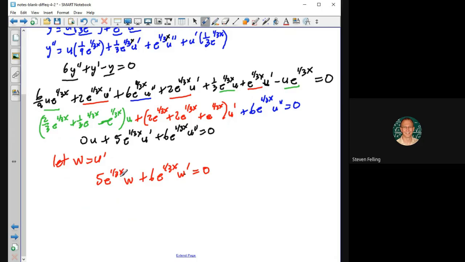Okay, so maybe I could do this. How about if I kind of put this in standard form? I'll move this term over here and say I've got w prime. Well, let's do it kind of in stages here. I'm just going to reverse the terms first.